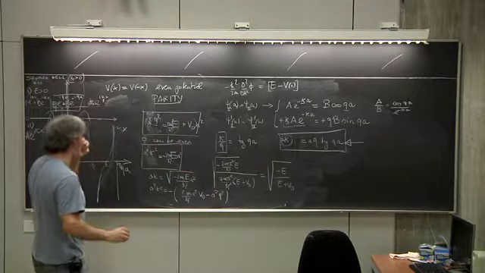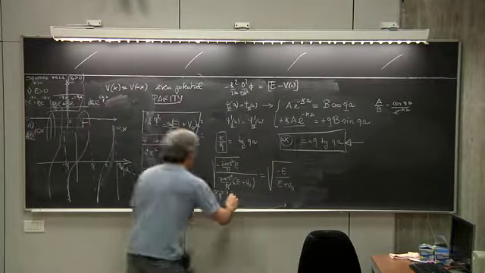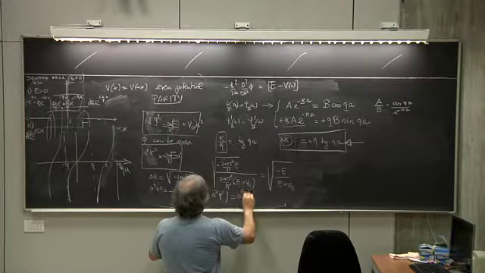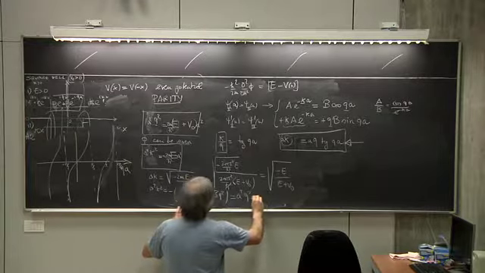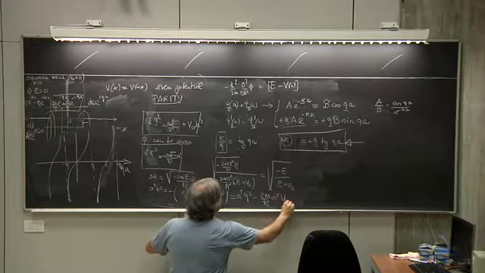Is this right? Roughly. So this is equal to a square q square minus 2m over h bar square a square v0.